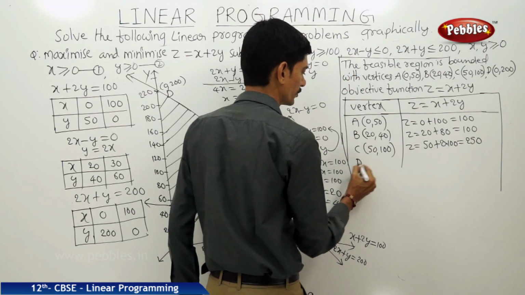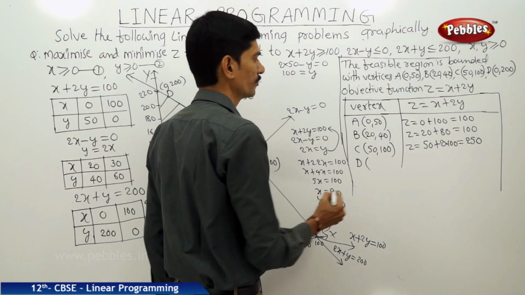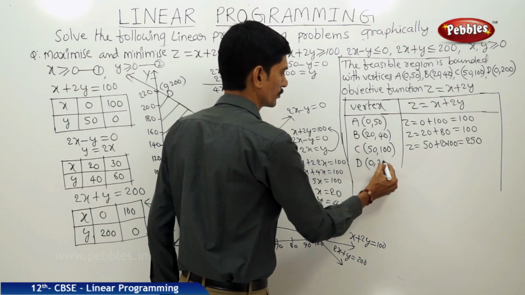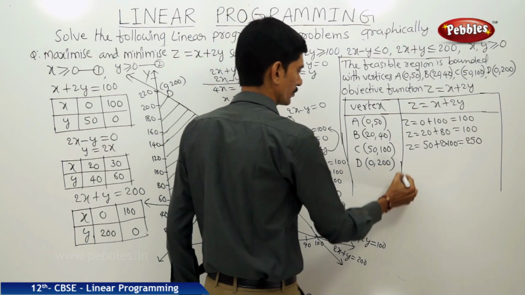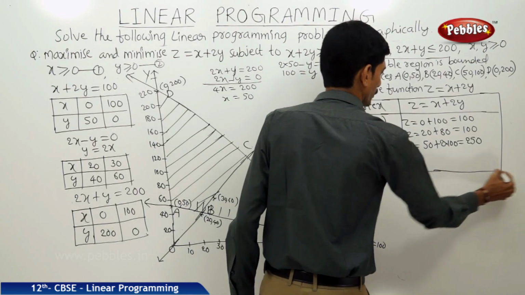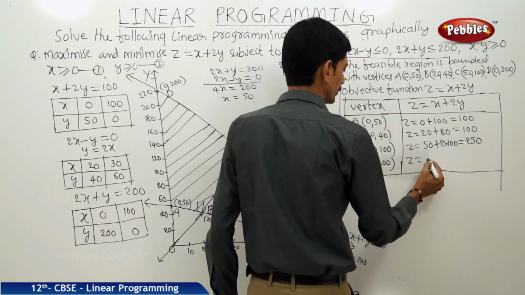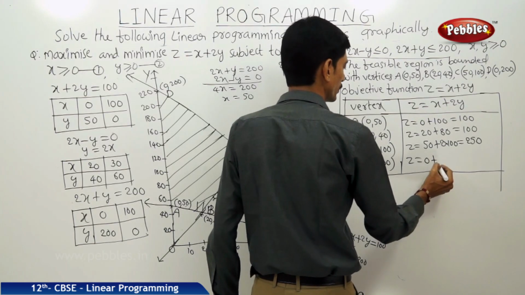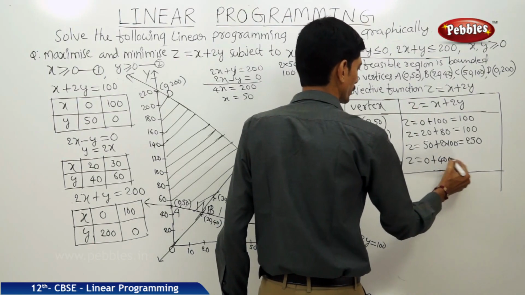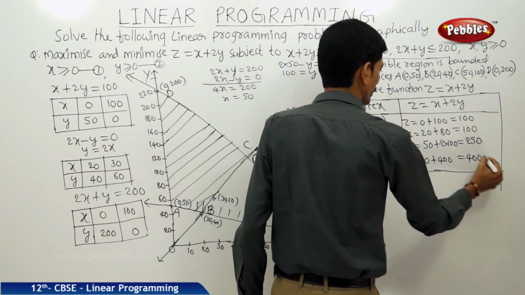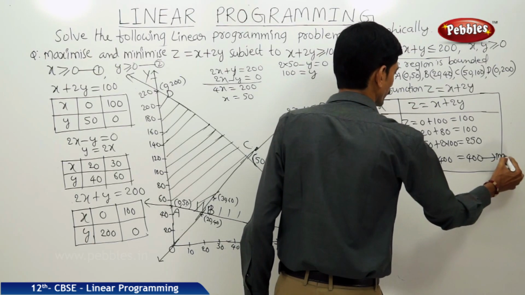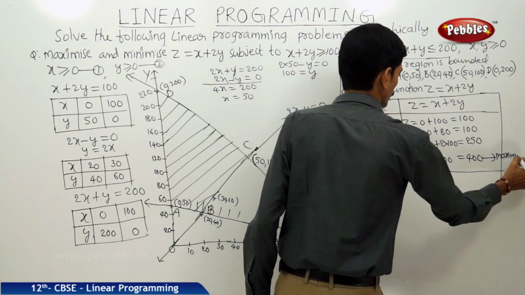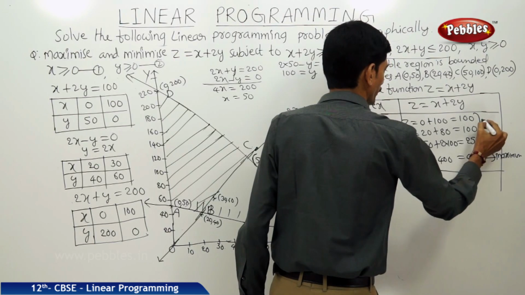At D, that is 0 comma 200, so z value is 0 plus 2 into 200, 400, that equals 400. So this is maximum and these two are minimum values.